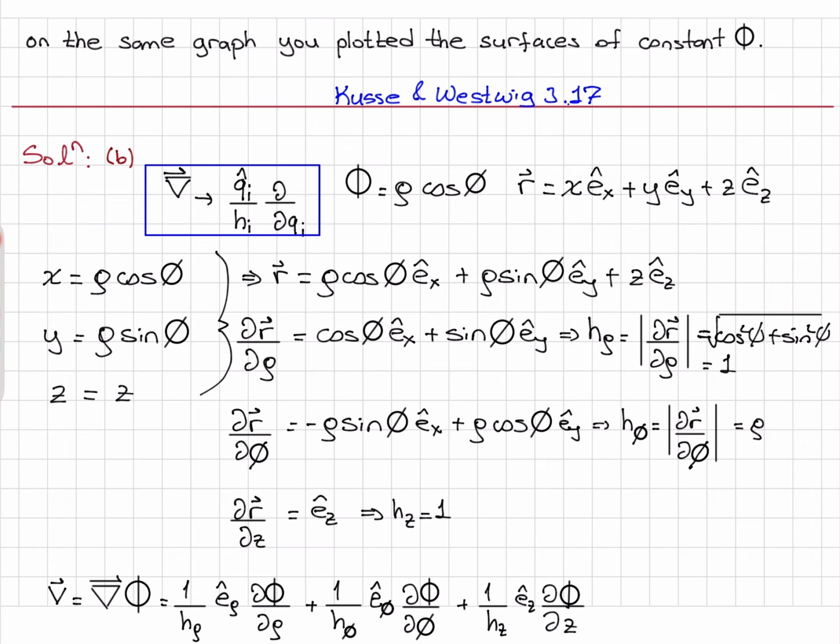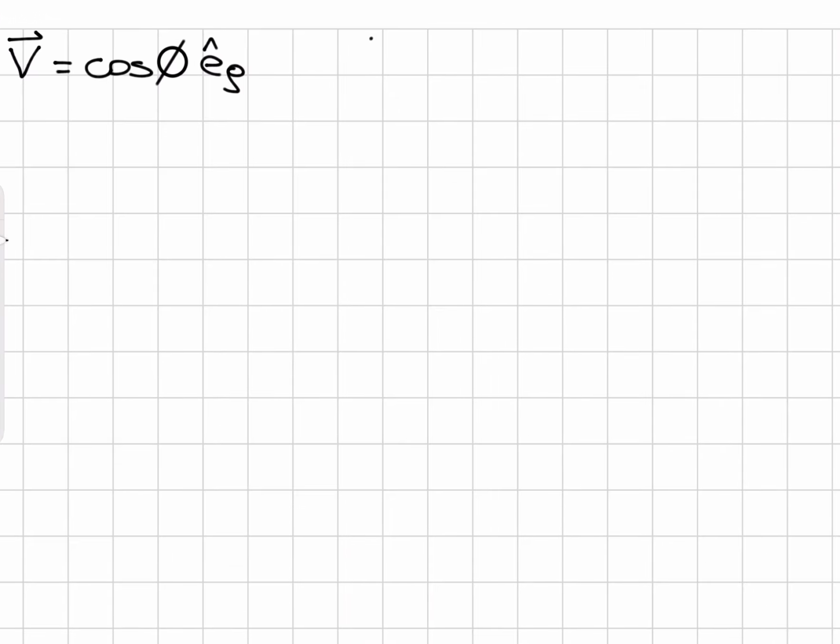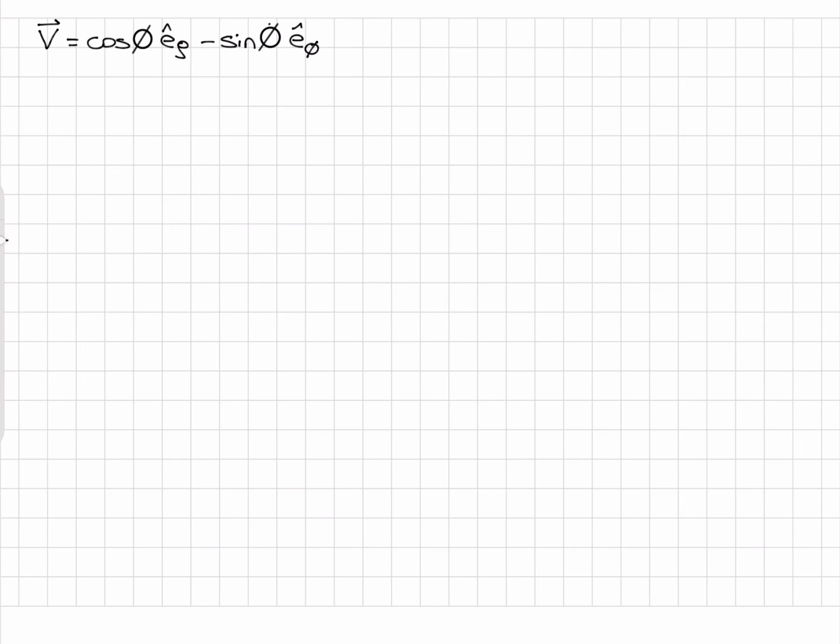That gives me a minus sine phi, in e phi hat direction. So I'm ready to answer the question, what is the rho component of this vector v? It is cosine of the azimuthal angle phi. And what is the phi component? It is minus sine phi.